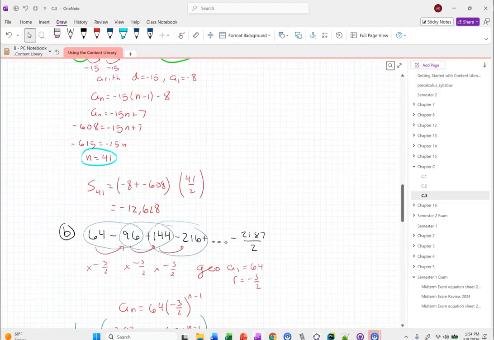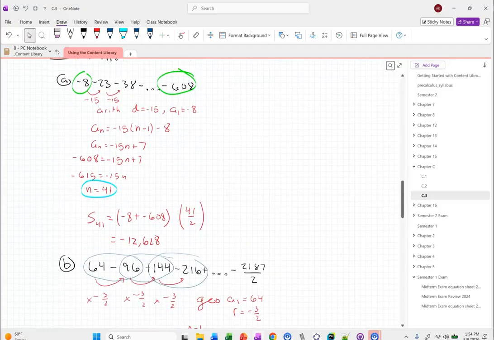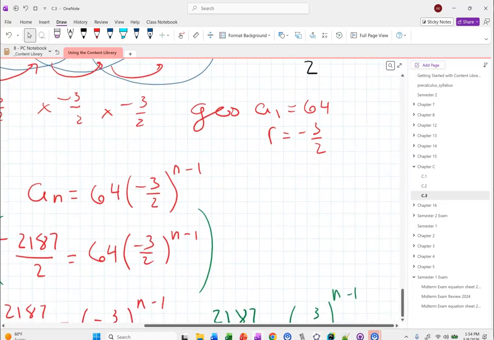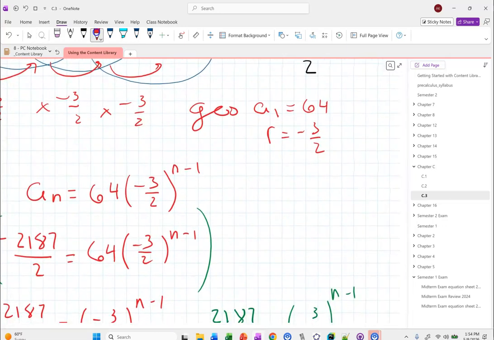So if I go back and look at if I had wanted to compute S infinity for this, what should my answer be? What's the r value here?